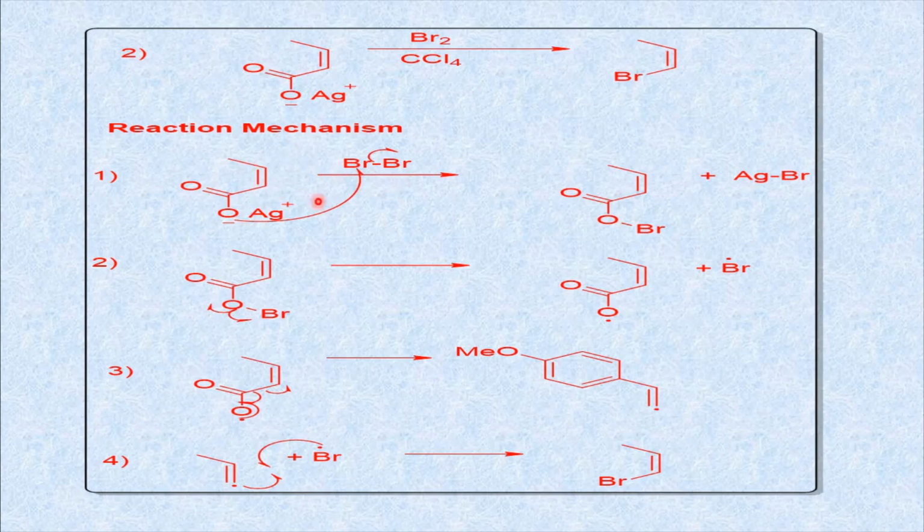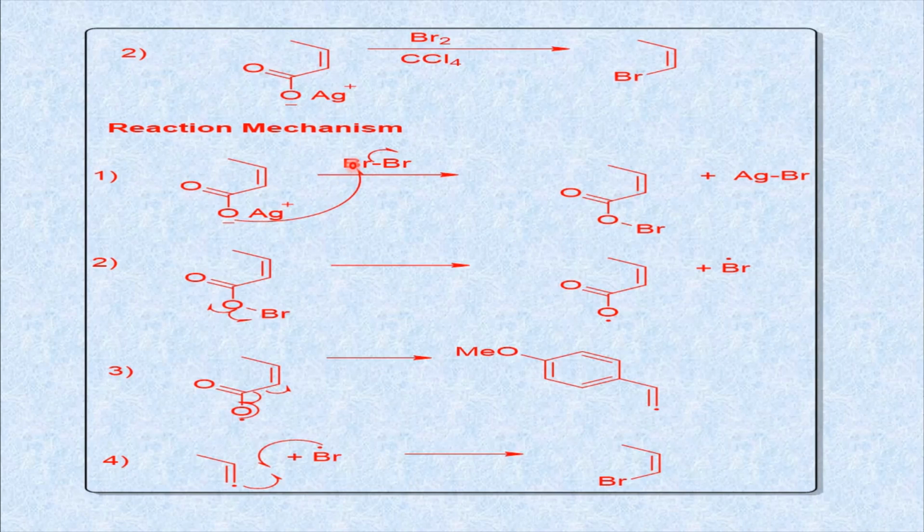Your silver salt of carboxylic acid reacts with this Br2. The O minus acts as a nucleophile. This nucleophile attacks one bromine. The Br2 is present in its polar form, Br plus and Br minus. So it attacks this one Br and replaces the other Br.